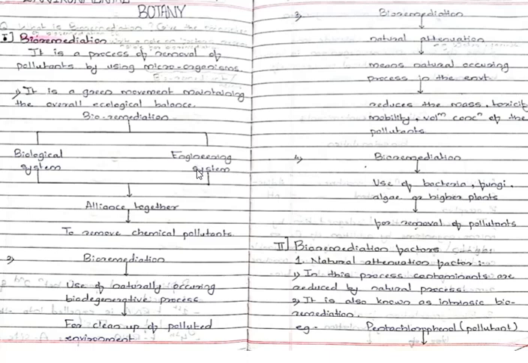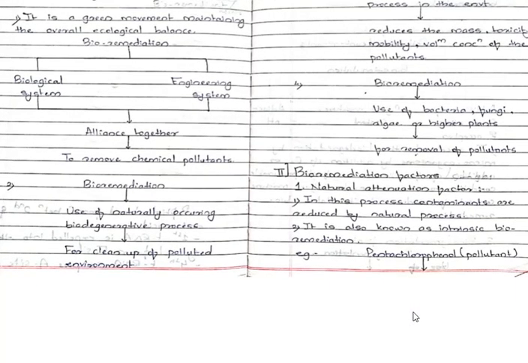from the environment. Then in bioremediation factors, the first factor is natural attenuation. In that, we naturally remove the pollutants.